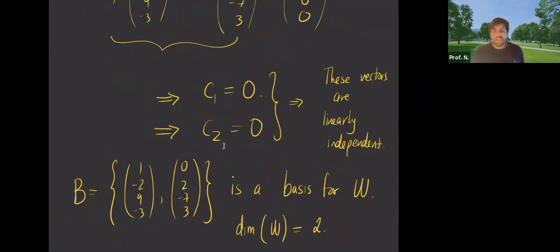Another way to define the dimension of a space, whether it be a subspace or a whole vector space, would be how many elements are in the basis. And we found the basis that has 2 elements, 2 vectors. So the dimension of that subspace W is 2. And that's very important from now on to understand that the number of basis vectors for a vector space or for a subspace represents the dimension of that vector space or subspace.